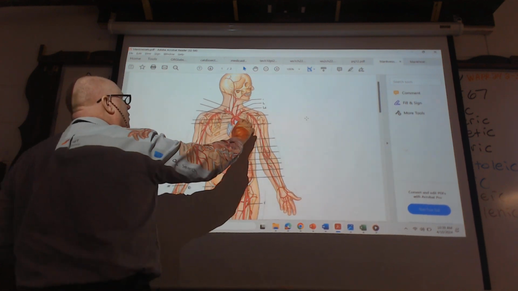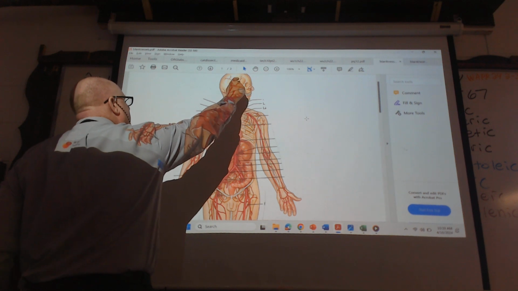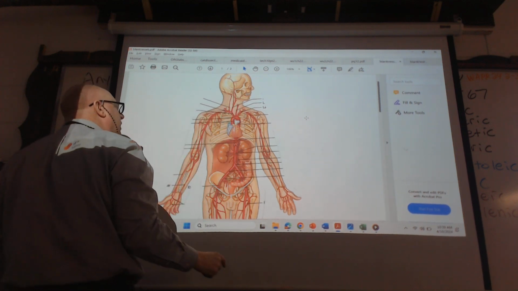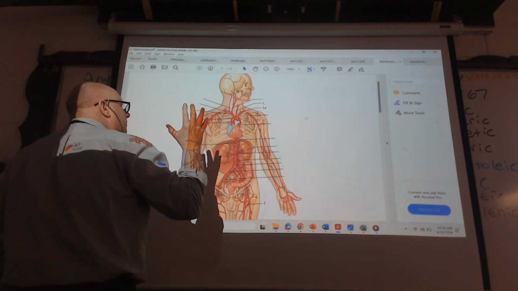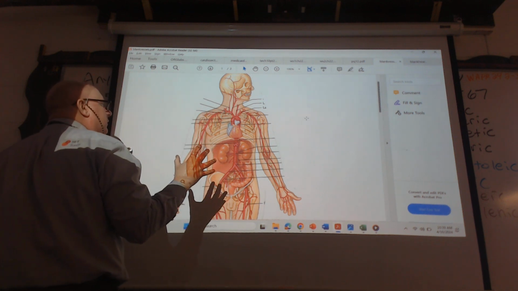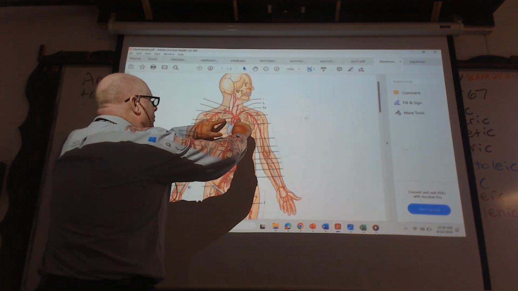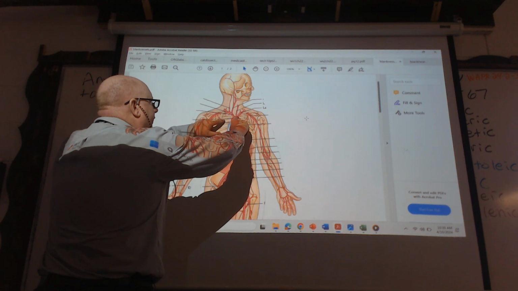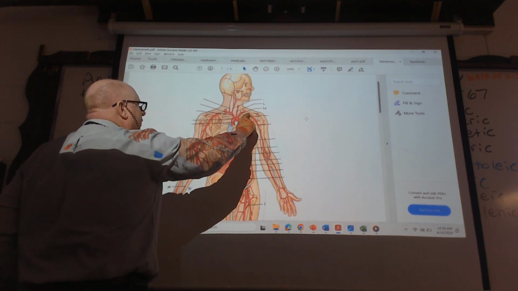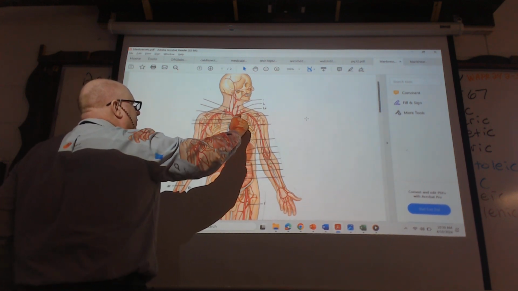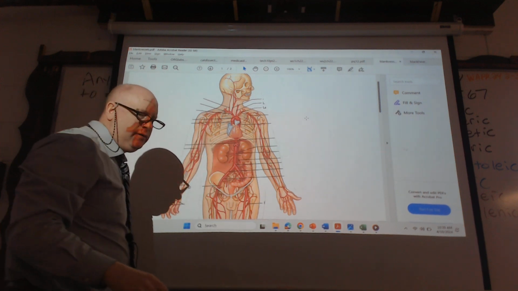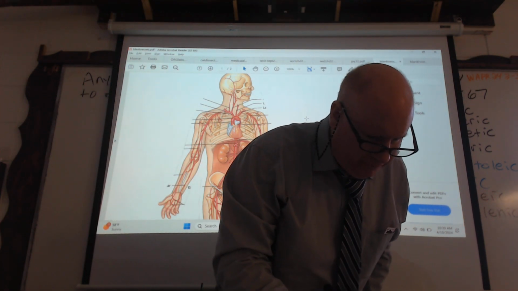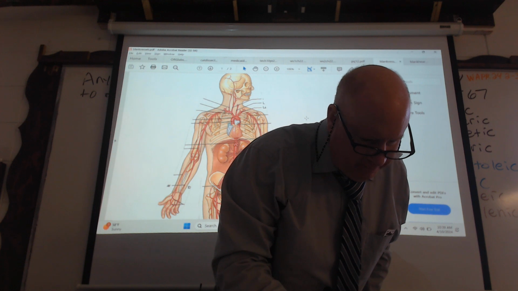But we want to know, how is our cranium and brain tissue supplied? I don't have an answer for you, but what we see here, this is what we call your subclavian artery right here, I believe. It might not even be on there. Okay?